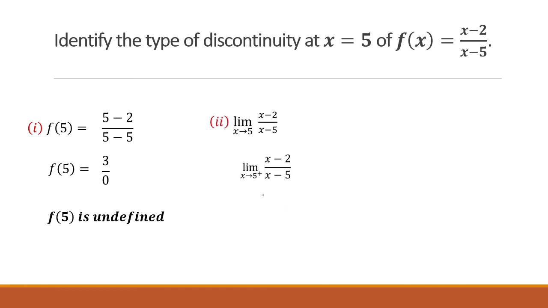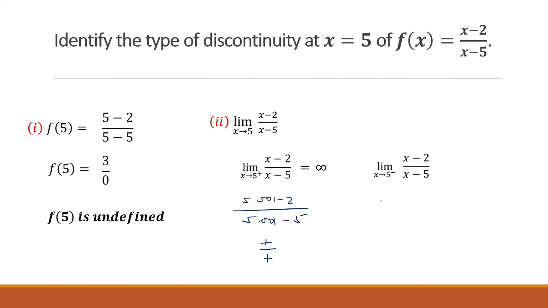To get the limit from the right side of our function, we would be doing 5.001 minus 2 over 5.001 minus 5. The expected sign is positive over positive, so this is positive. Therefore, we have positive infinity.